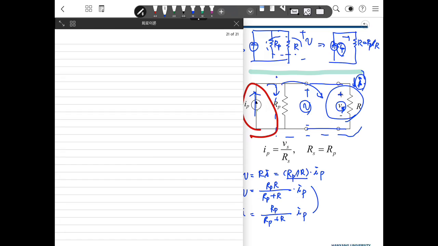I'm going to summarize it here. If there's a voltage source here and a resistor here, then we say this is Vs and Rs. Then we want to transfer to the current source here. We divide this A and B. Then you can transfer the values in this kind of circuit.